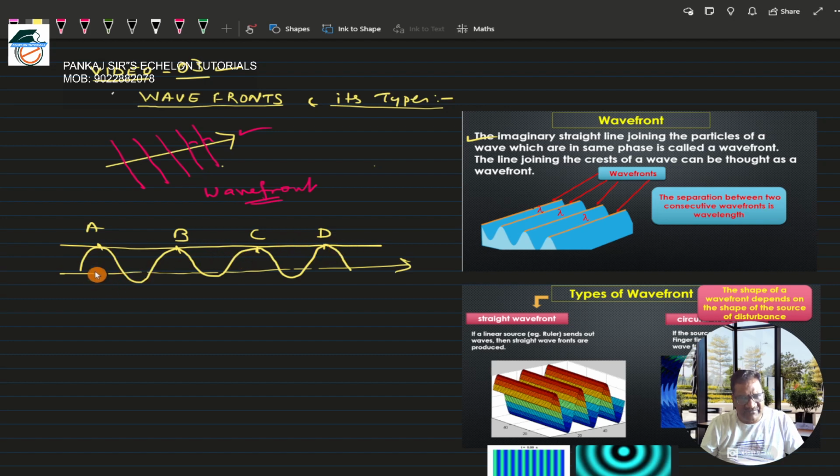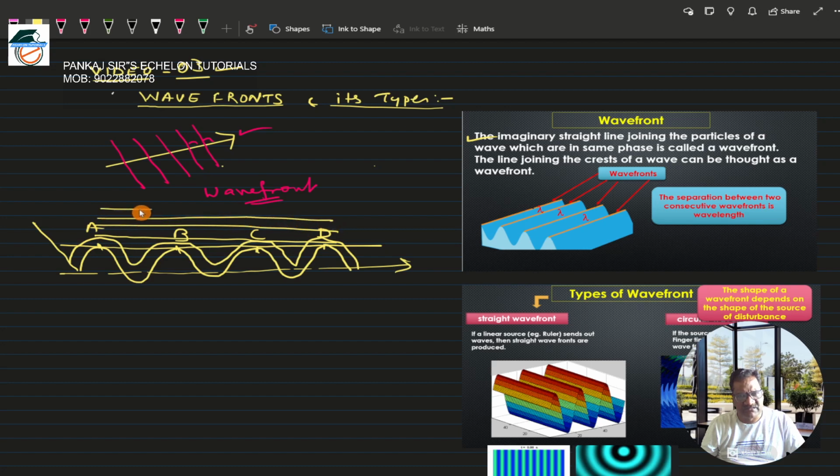As the wave is made up of many, if I try to draw a three-dimensional figure, you will get a similar wave behind this wave, and one more behind it. If I keep on joining the crests of all of these, I will get lines which are parallel to each other, and this is nothing but the wavefront.